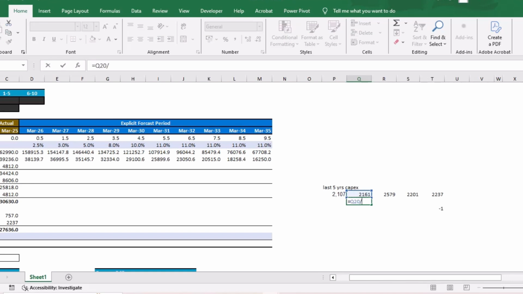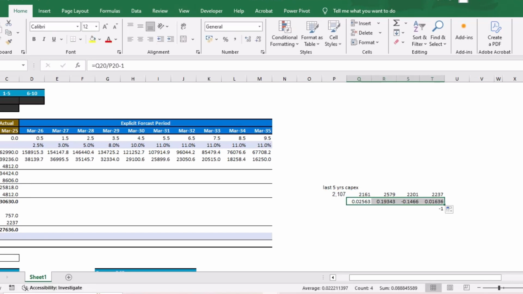Let me check. This is the past trend. The growth in capex was around 2%, 19%, and a fall of 14%, around 1%. So you can take an average of like 3 to 4%. That would be a correct figure.